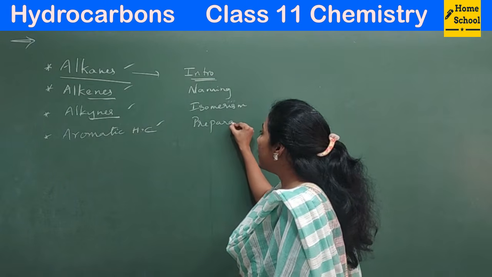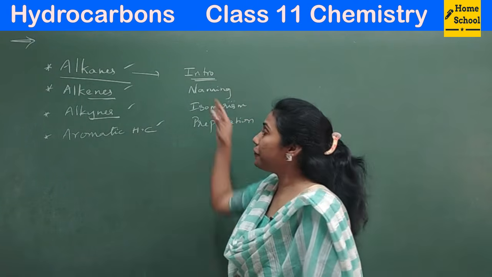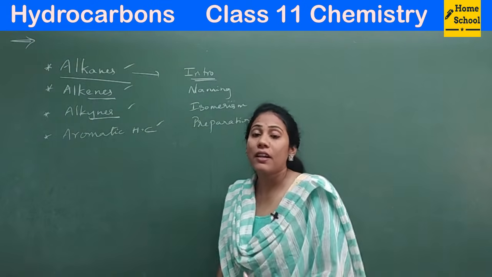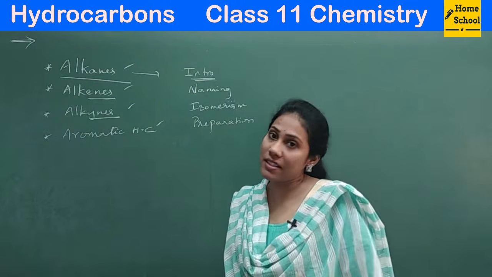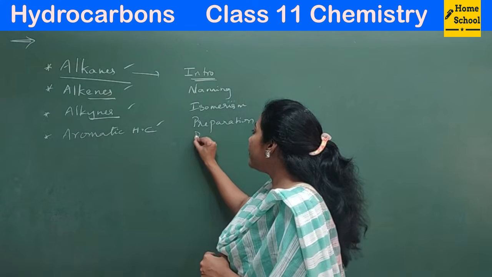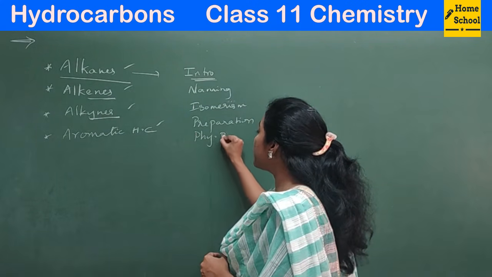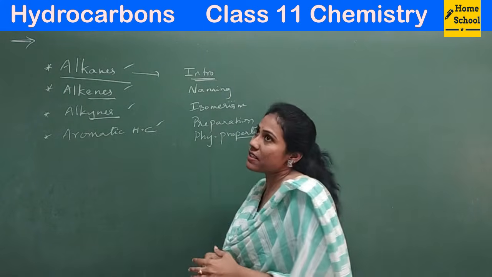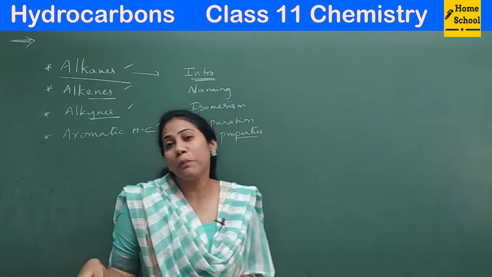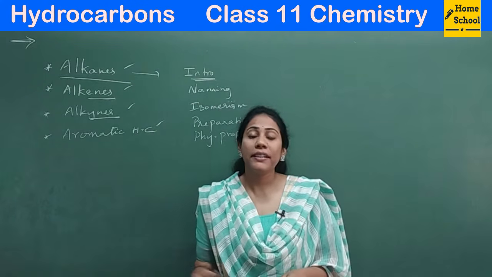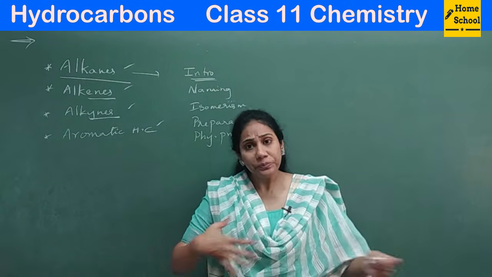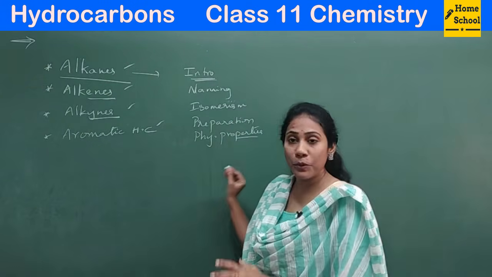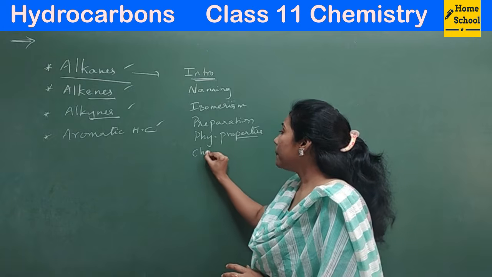So how can we prepare alkanes in different ways by different reactions? All the preparation methods we will discuss in a detailed way. And later we will study physical properties. Under physical properties, we discuss very general aspects like boiling point, melting point, solubility. All those things come under physical properties. And finally, the most important part is chemical properties.